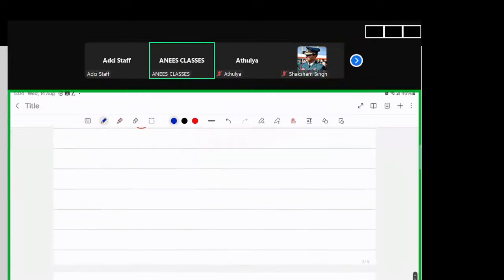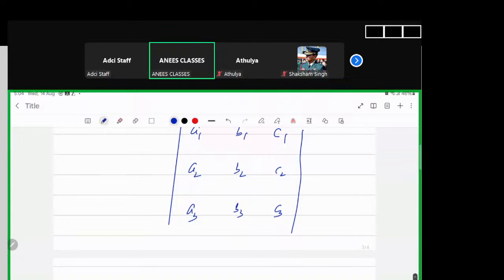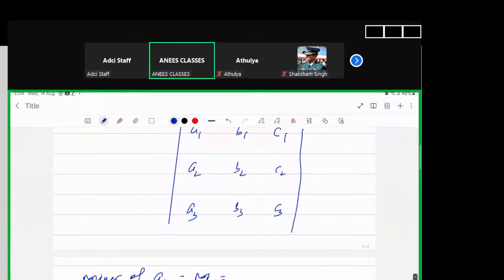Suppose that I have a determinant like this: A1, B1, C1, A2, B2, C2, A3, B3, C3. I want to find the minor of A1, so M11 capital. In place of A11, you are seeing that you have A1.